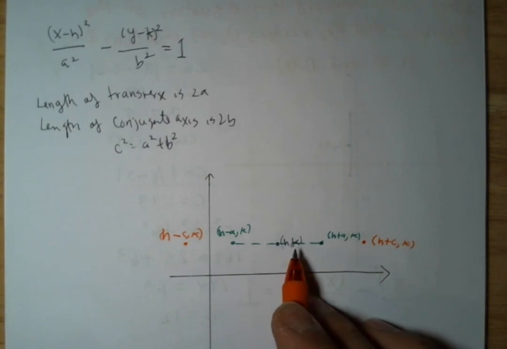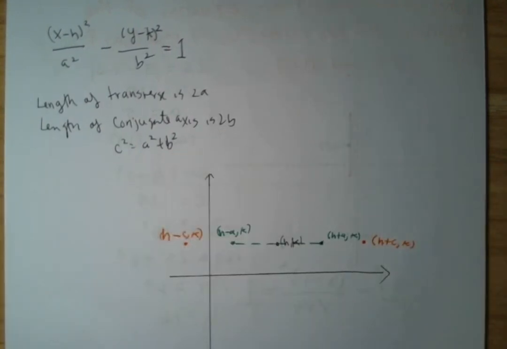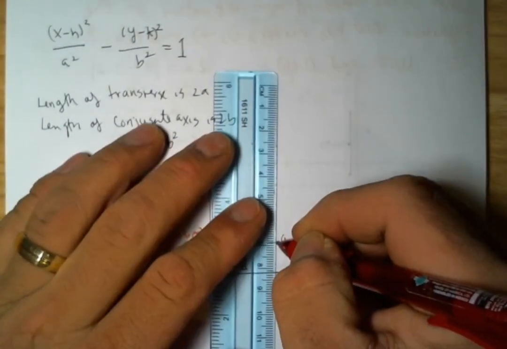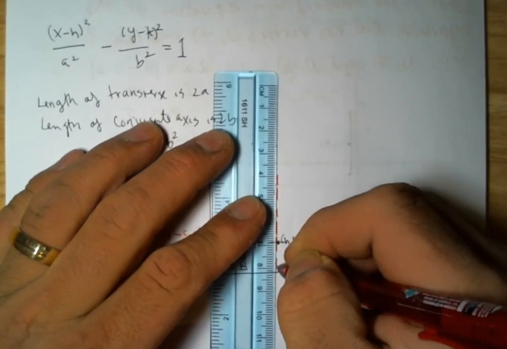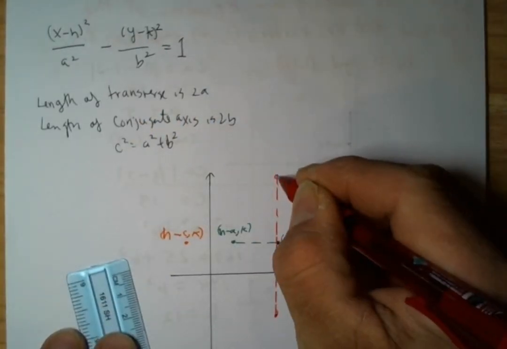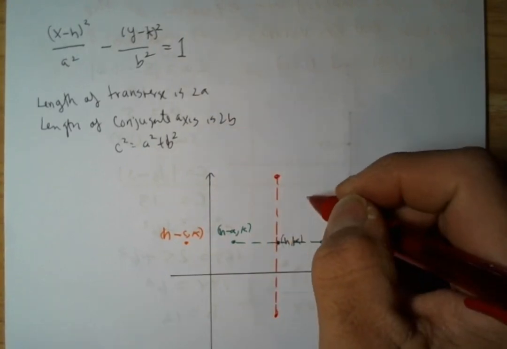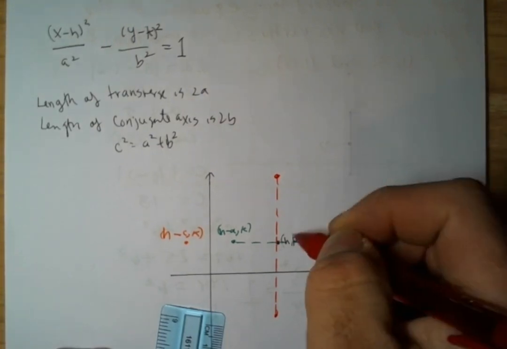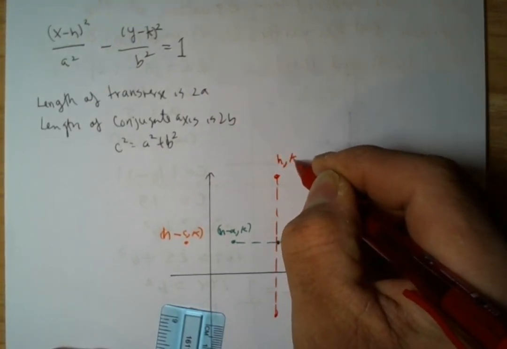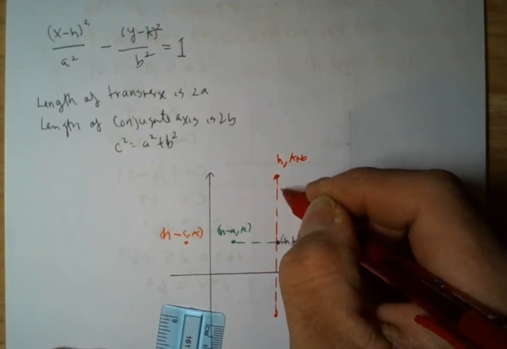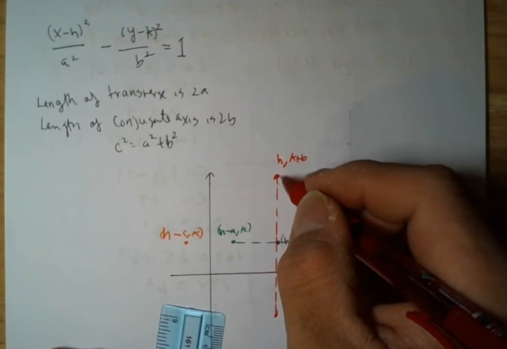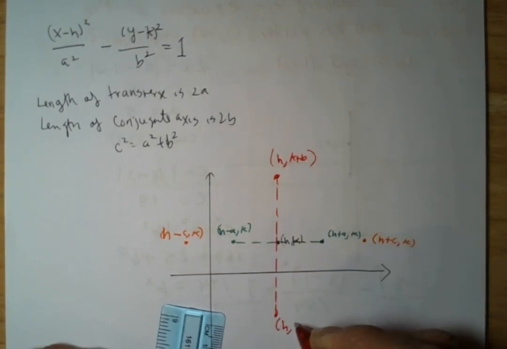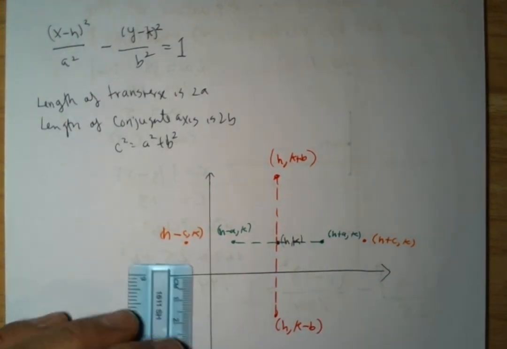Now for our conjugate axis, that would be somewhere along the vertical. Let's call this somewhere here, and that would have the value of b. So in this case, our h remains the same, and this co-vertex up here is (h, k plus b), and this other co-vertex, h remains the same, is (h, k minus b).